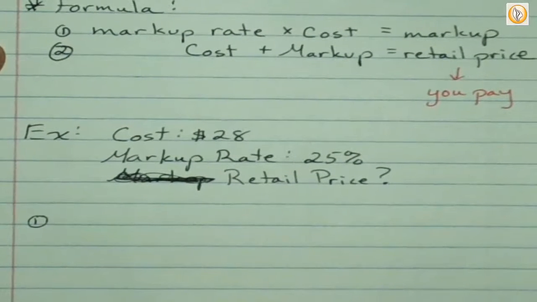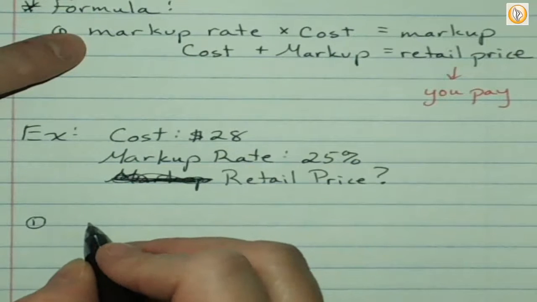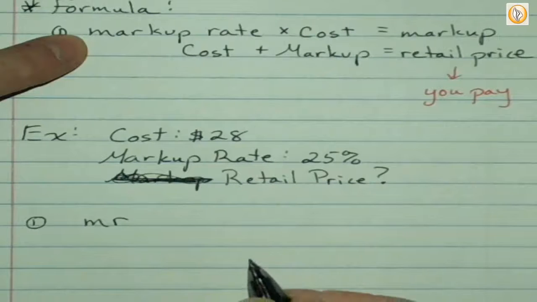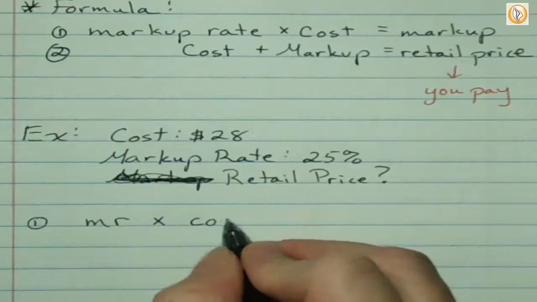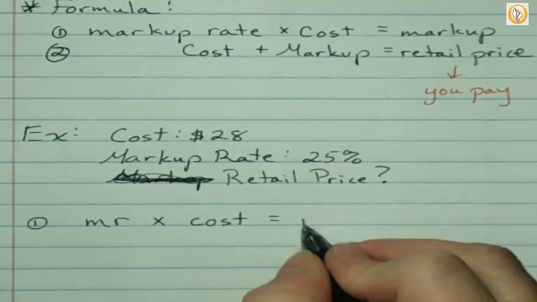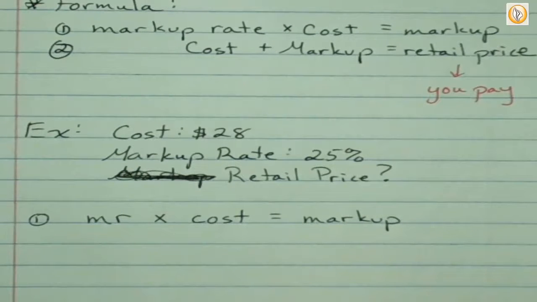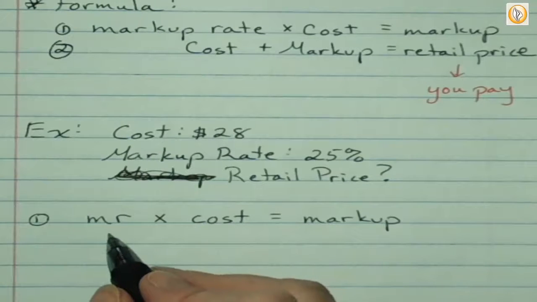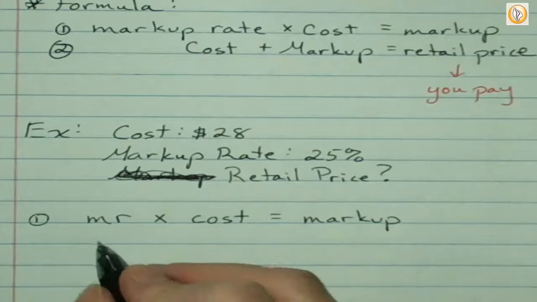So step one: markup rate times cost equals markup. Atalia, what is the markup rate? 25%.